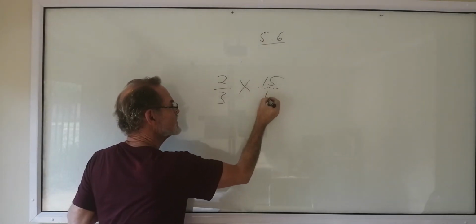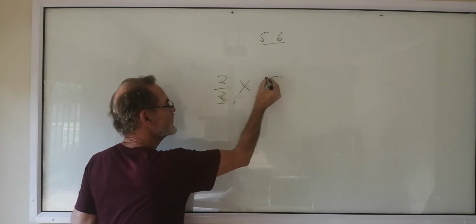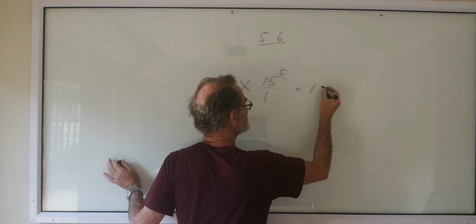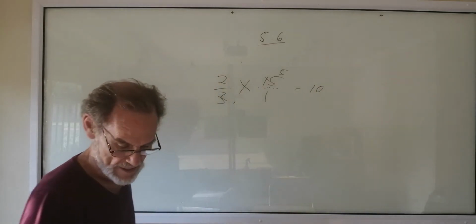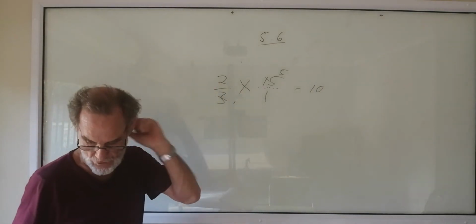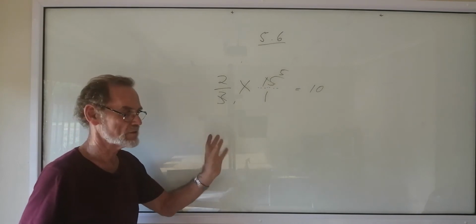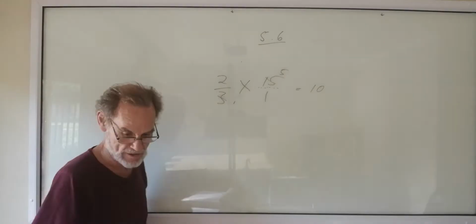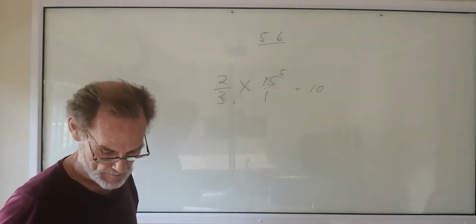So it actually looks like that. 3 goes into the 15, 5 times, 5 times 2 is 10. So 2/3 of 15 is 10. Okay? So if you see a question, determine a fraction of something, it means you've got to multiply them.